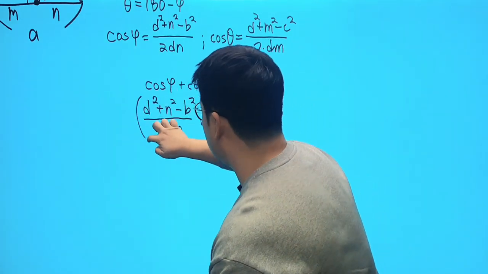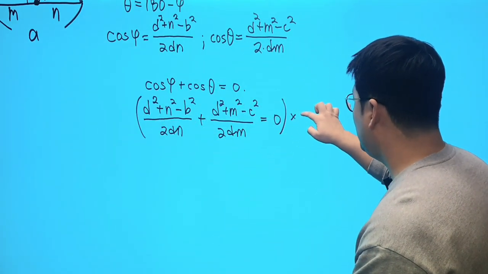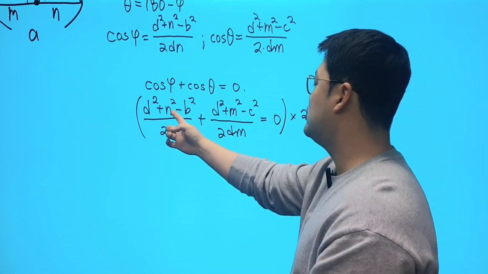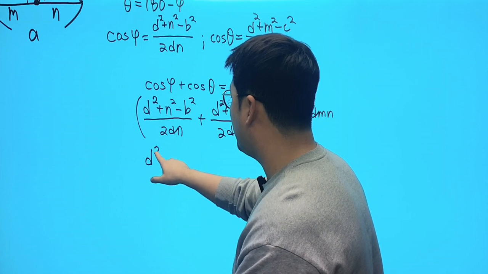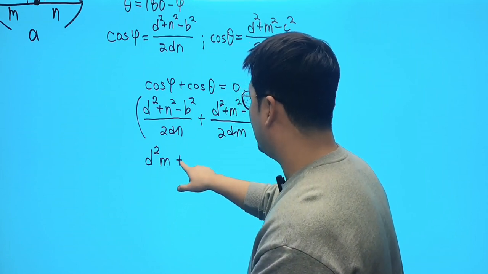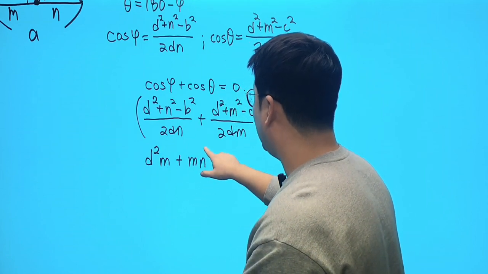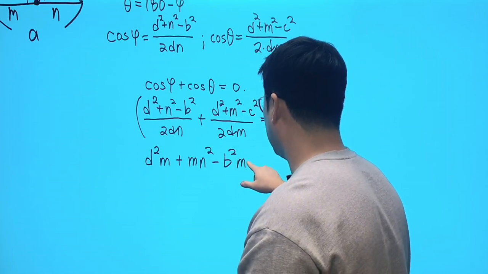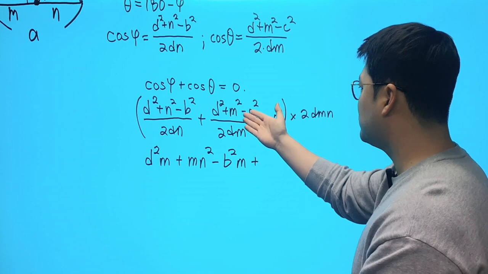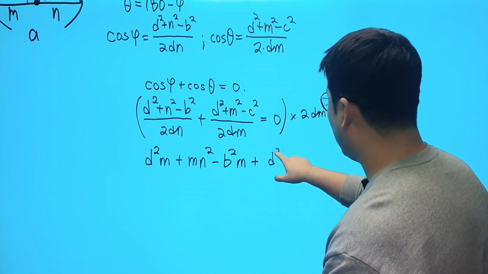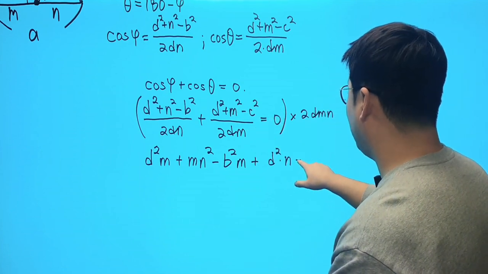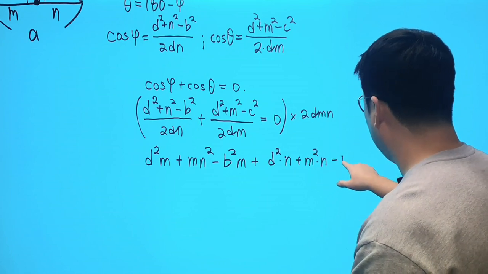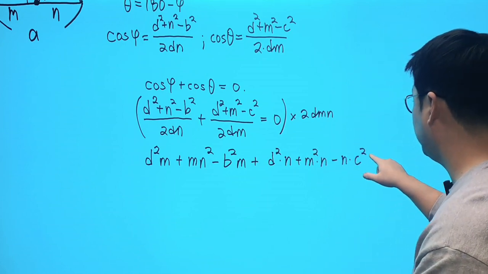If I multiply everything out, we get d squared m plus m n squared minus b squared m, plus d squared n, plus m squared n, minus n c squared.